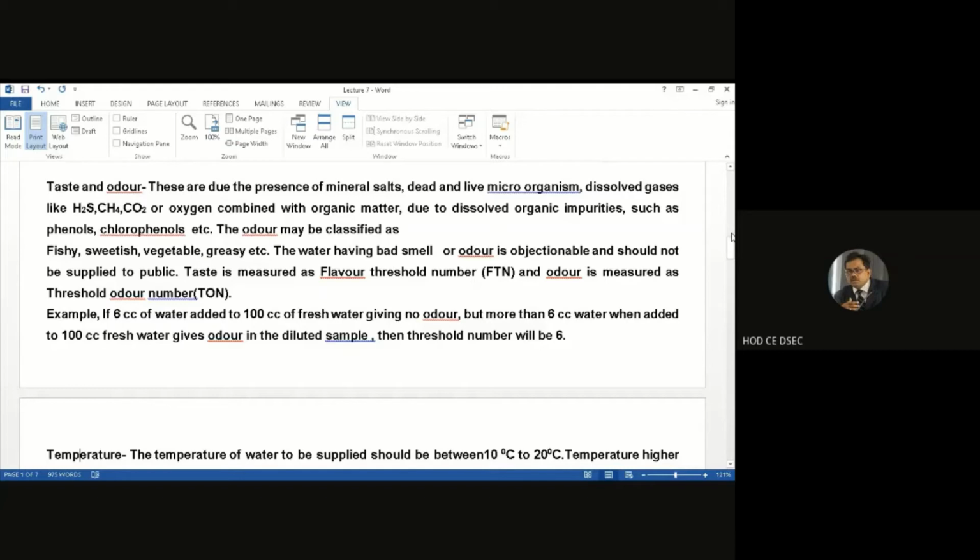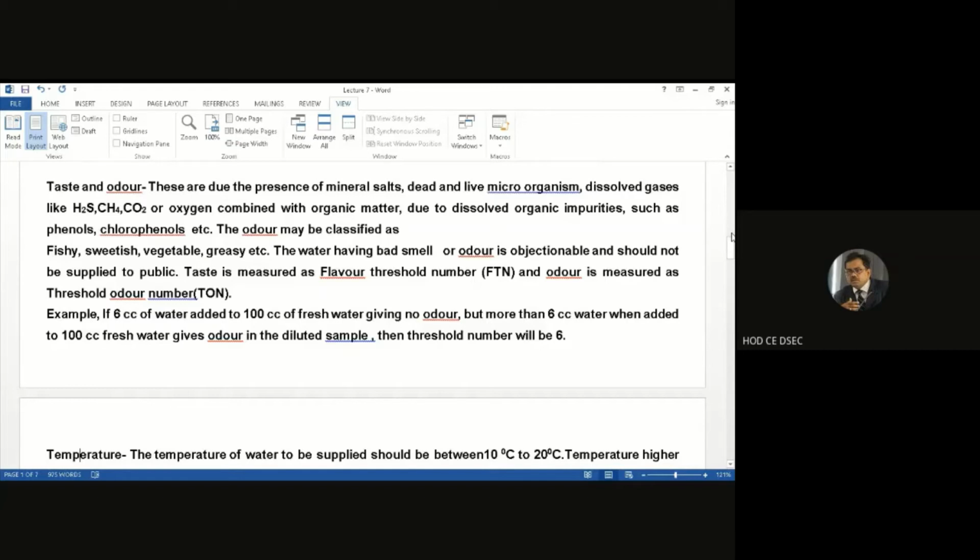Taste is measured as flavor threshold. Now, what is the unit? How is the taste measured? Taste is measured as flavor threshold number, that is FTN, and odor, that is the smell, is measured as threshold odor number, TON. For example, I am just clarifying the idea of the threshold limit of both taste and odor.